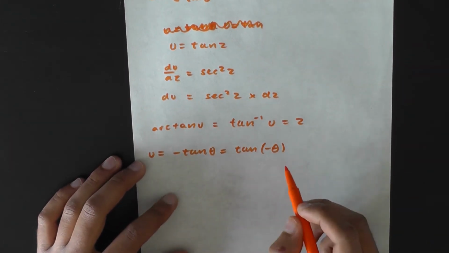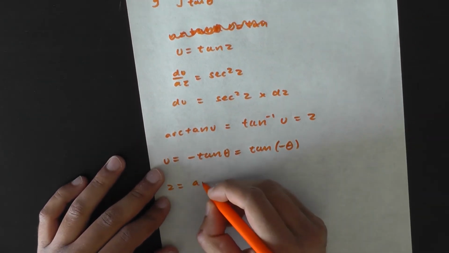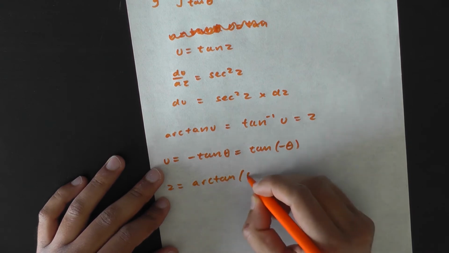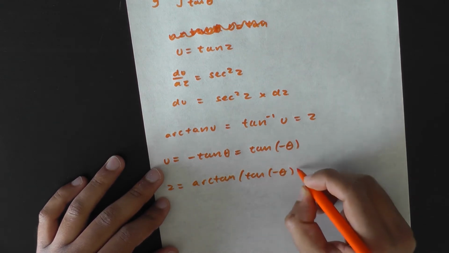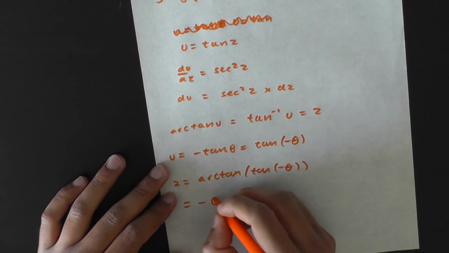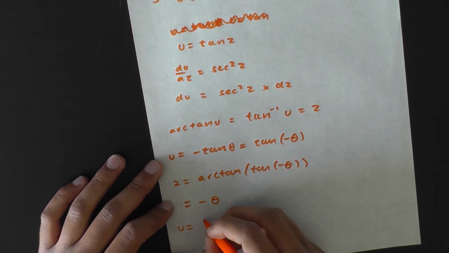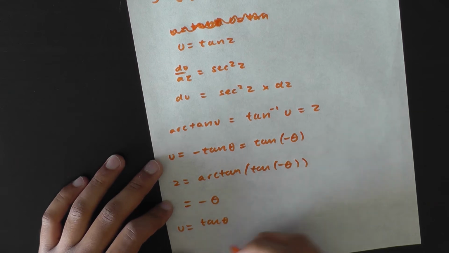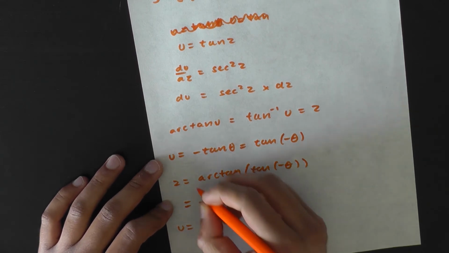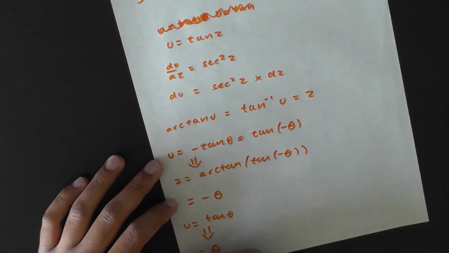It's just always like that. That's a rule, yeah? We can do z equals arctan of tan minus theta. Because they're inverse functions, they get rid of each other, and we just live with minus theta. And then u equals tan theta will leave us with z equals theta.